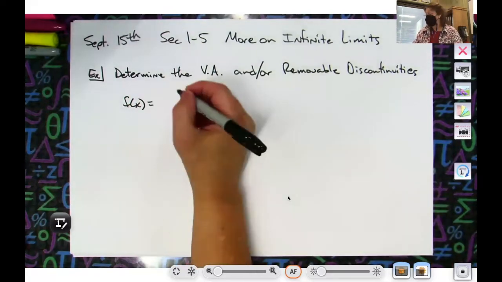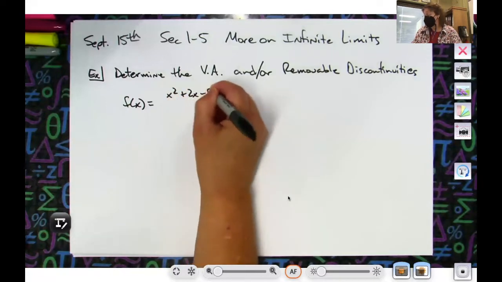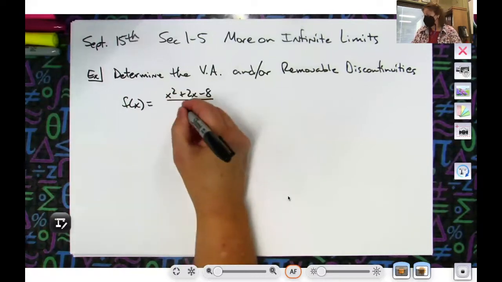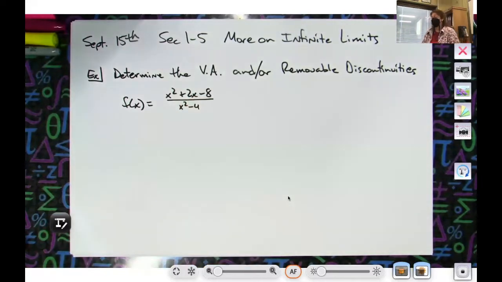So if they give you a function like x squared plus 2x minus 8, and then they put that over x squared minus 4, from pre-calc, can you look at that and tell me what the horizontal asymptotes are? Yeah, pretty quickly, right?